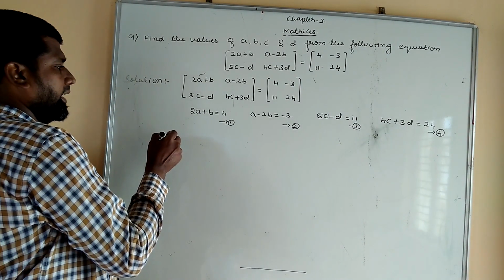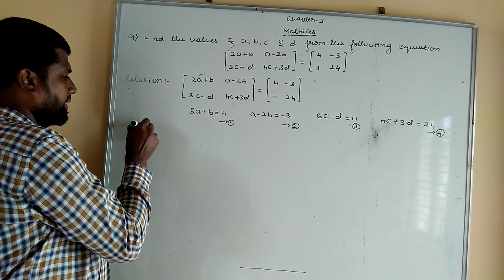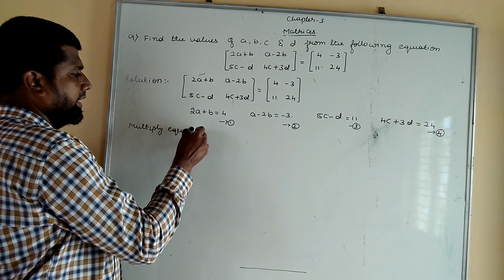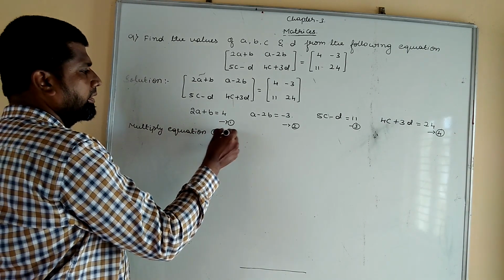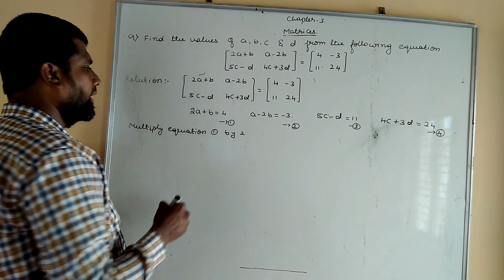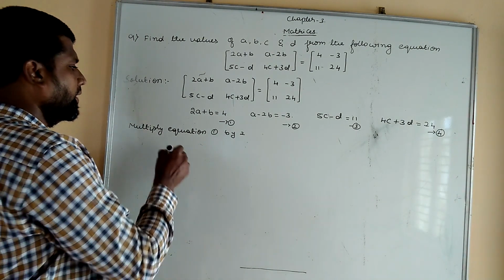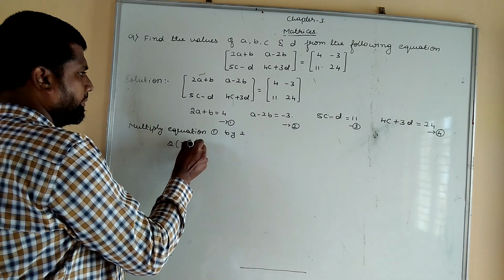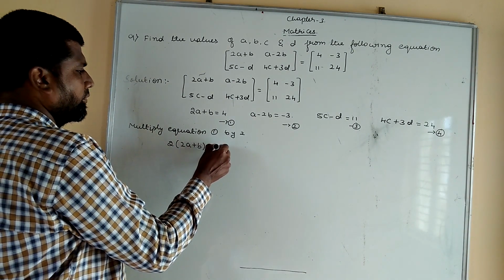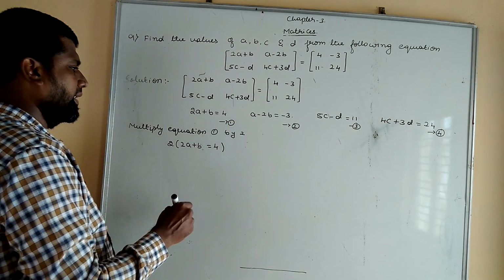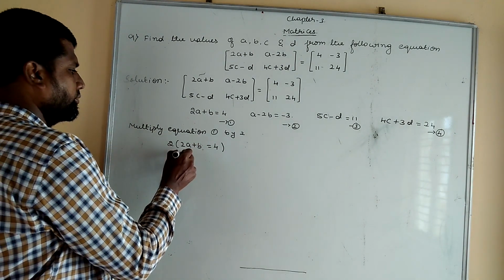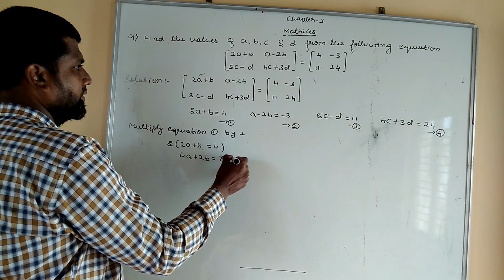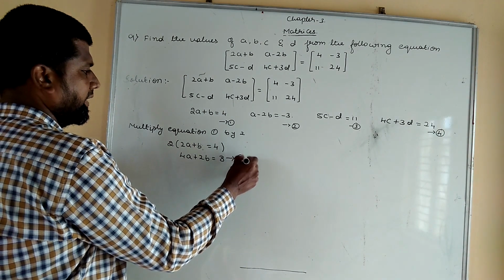So let us multiply equation 1 by 2 to solve the equations. If you multiply 2 into 2a plus b is equal to 4, this is equation 1, we are multiplying by 2: 2 twos are 4a plus 2b is equal to 8. Let us give the name equation 5.